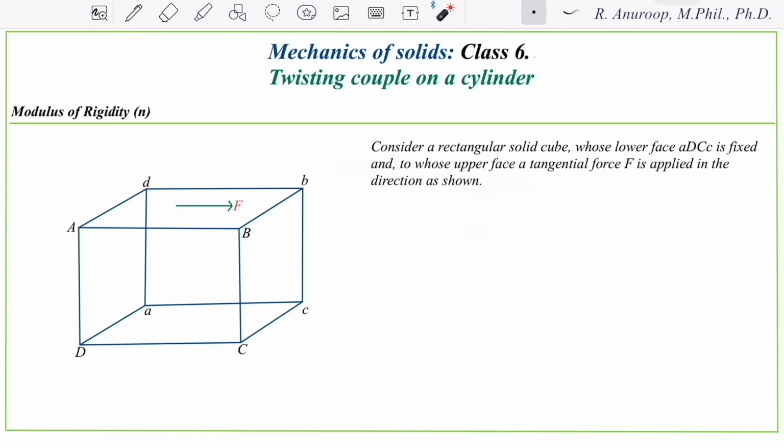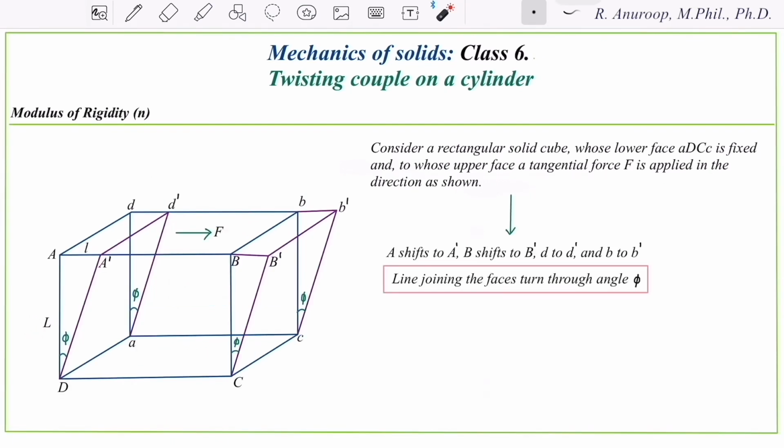So we have a rectangular solid cube whose lower part is fixed and on the upper face a tangential force is applied as shown in the figure. So what happens to that cube?